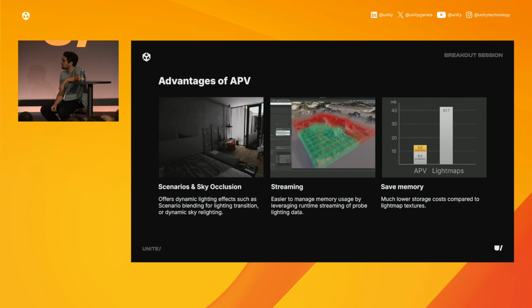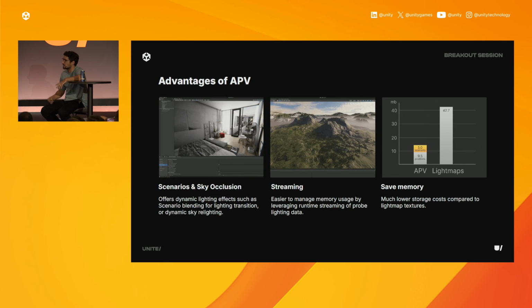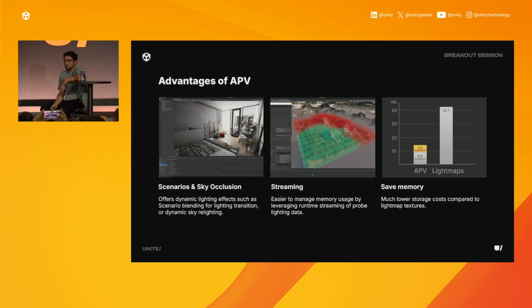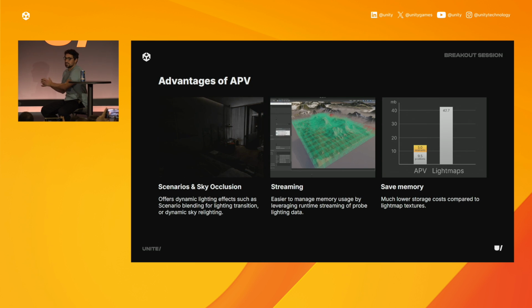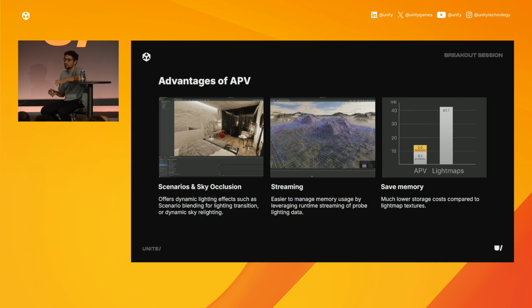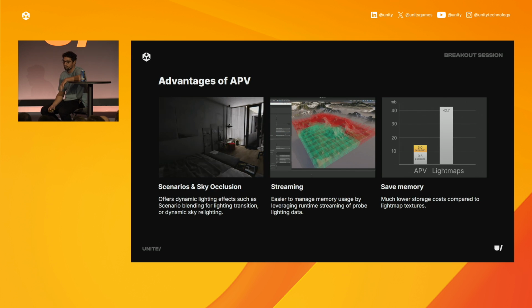In addition, APV offers more built-in tools, and I'll try to go fast on those because Maxime will show you a live demo after. The first one is lighting scenarios, which basically offer the possibility to blend between two data sets. We also have sky occlusion, which basically bakes occlusion data, and then you can multiply this occlusion by an animated sky color, for example.